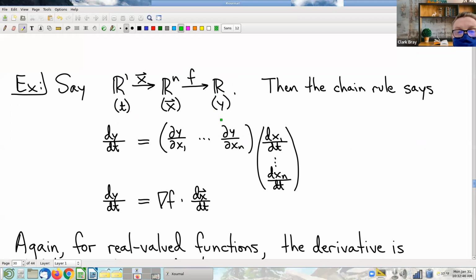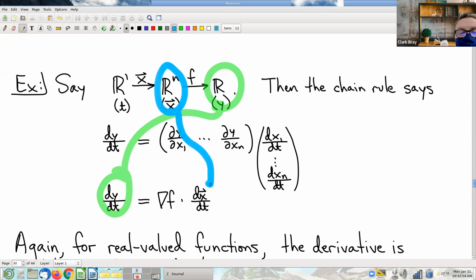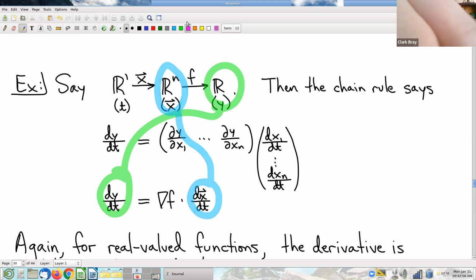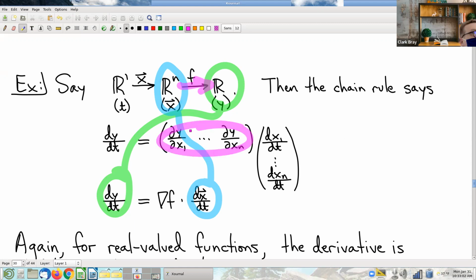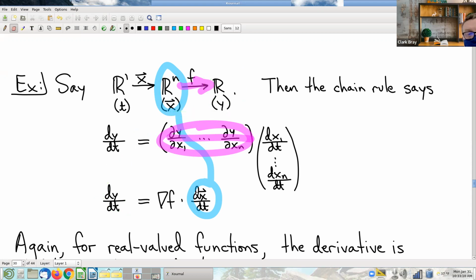So still I have output velocity and input velocity being related by the derivative of that function. Really, the only thing that's different is that this derivative matrix now has a single row, and so I can think of that matrix-vector product as being a dot product.